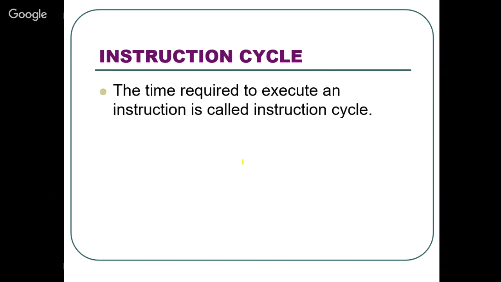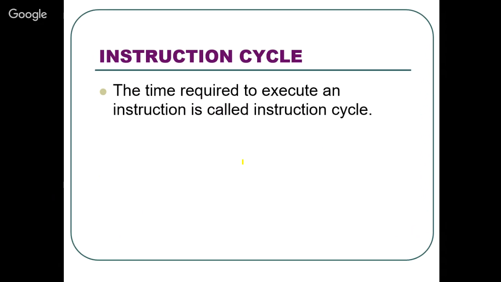Instruction cycle. The time required to execute an instruction is known as the instruction cycle. If an instruction cycle consists of 7 time states, we are coming to that later, and the operating frequency of 8085 is 2 megahertz, then to complete the instruction the microprocessor will take 7 into 0.5 equal to 3.5 microseconds of time.